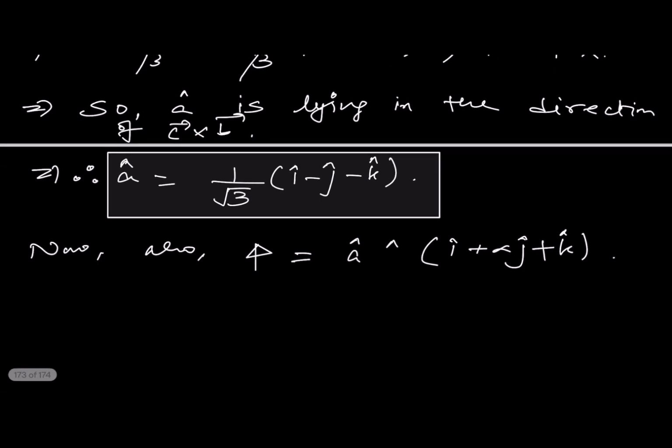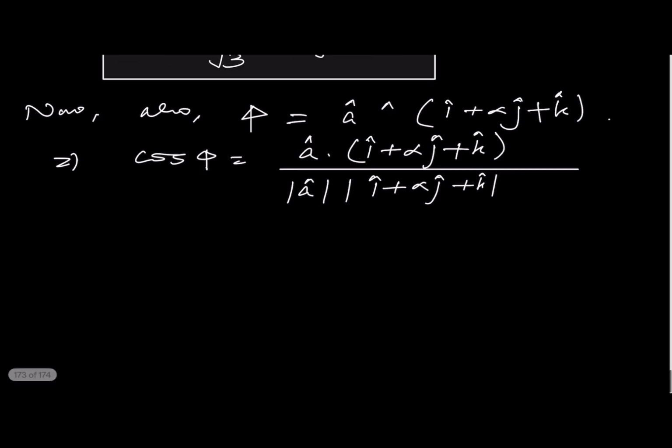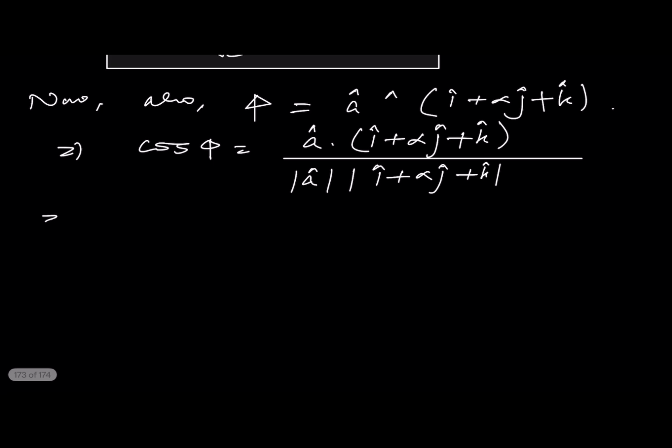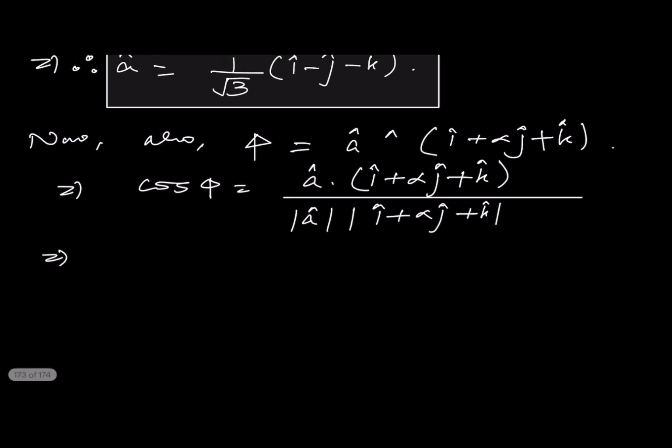So cos phi is a cap dot i cap plus alpha j cap plus k cap on mod of a cap into mod of i plus alpha j plus k, right? In fact, phi is pi by 3.